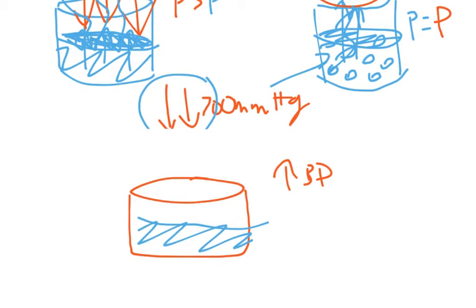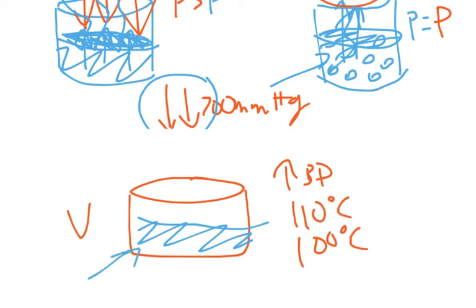So it will have maybe a boiling point of 110 degrees Celsius instead of 100 degrees Celsius. So how does that work? Well, we know that in a pressure cooker, the volume will remain constant. And during this time, the water here will start boiling, and it will create, of course, a vapor pressure.